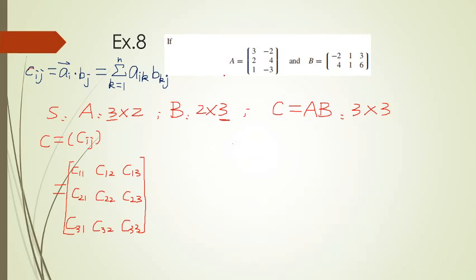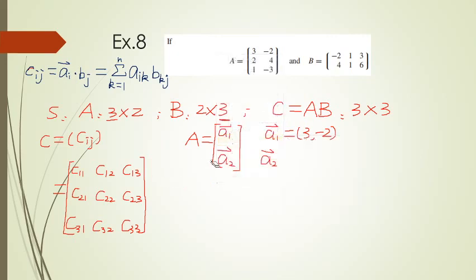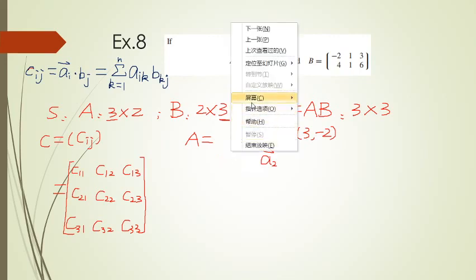So matrix A is in row vector format. That is A1, A2, and, sorry, here we have three row vectors: A1, A2, A3. Row vector A1 is 3, minus 2.